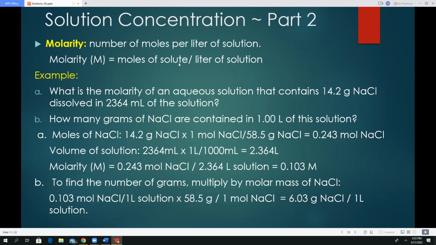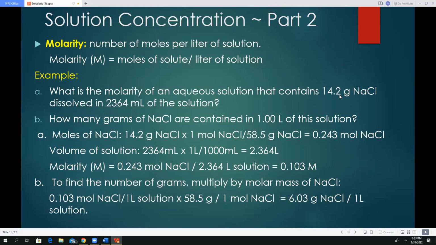Molarity is the moles of solute per liter of solution. And you got to have them in these particular units. And if it's not in this unit, you need to convert. Like right here, what is the molarity of an aqueous solution that contains 14.2 grams of sodium chloride dissolved in 2,364 milliliters.